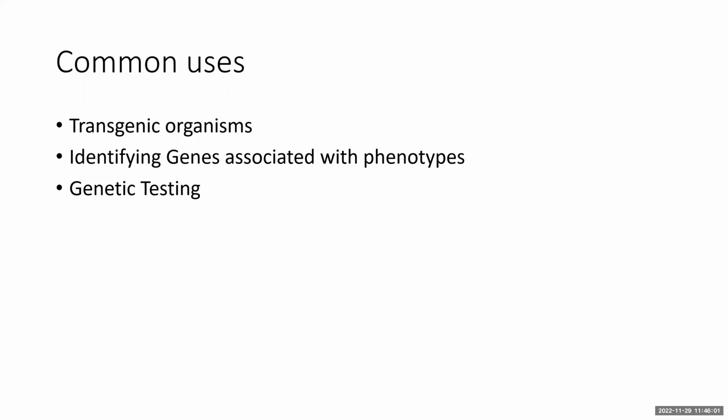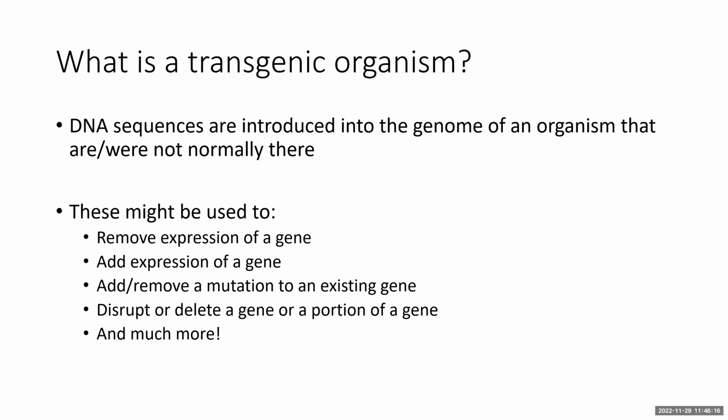To get started with this, I first want to talk about what a transgenic organism is and why we might want to make one. I also want to talk about a few misconceptions about what this means and how useful this term actually is. Transgenic organisms are organisms where a DNA sequence is introduced into the genome that was not normally there.